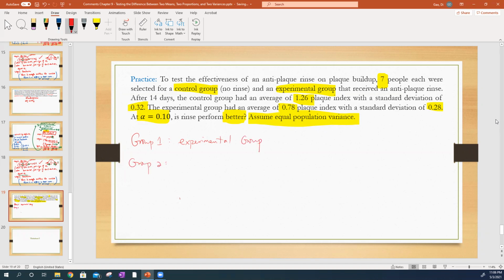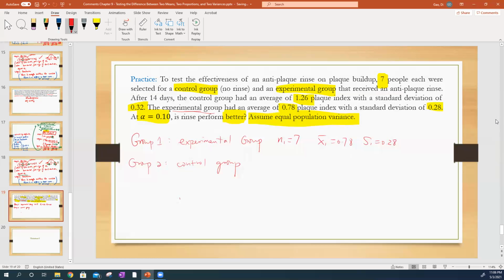And group 2, that's the control group. And then we have n1 for the experimental group. The sample size n1 is 7, x1 bar is 0.78, right? For the experimental group, average is 0.78. Sample standard deviation equals 0.28.